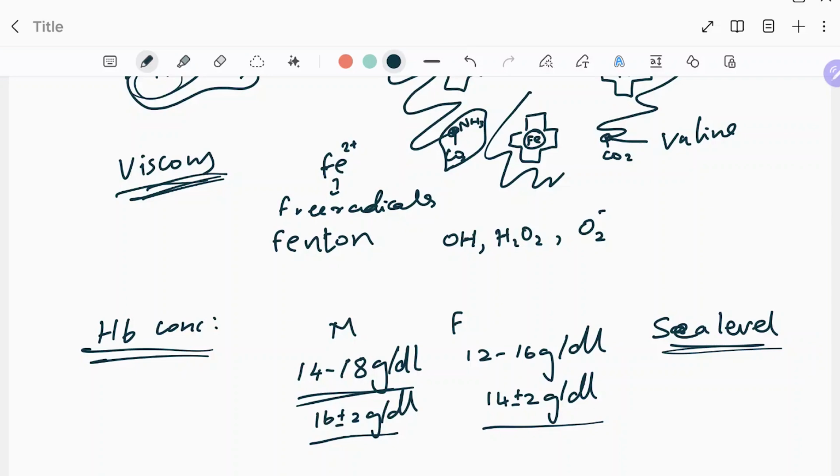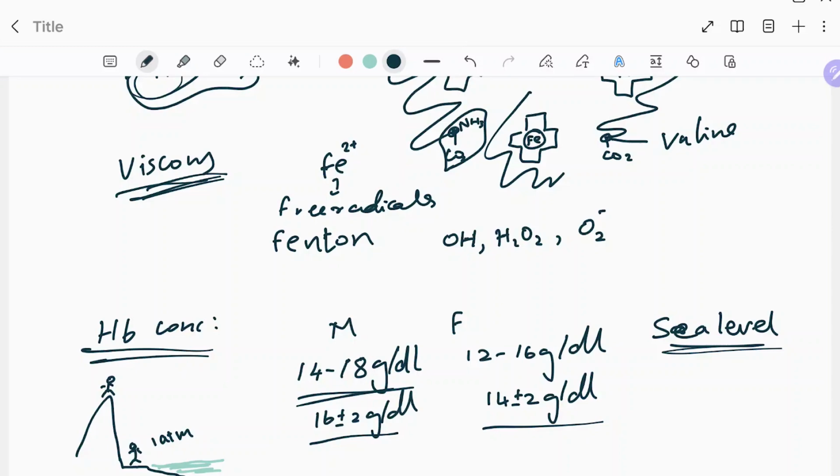Why? Because when you live on mountains, the air up in the mountain is thinner than the air at sea level. So at sea level you have a nice concentration of air, 1 atmosphere pressure of air.